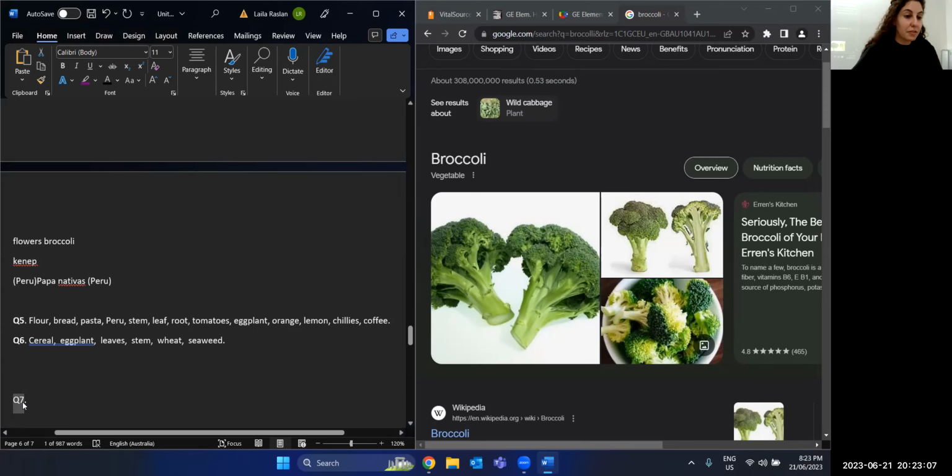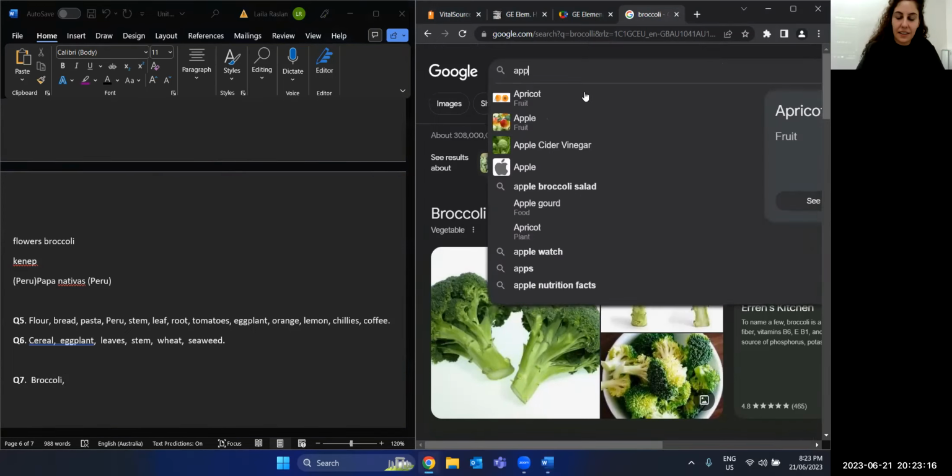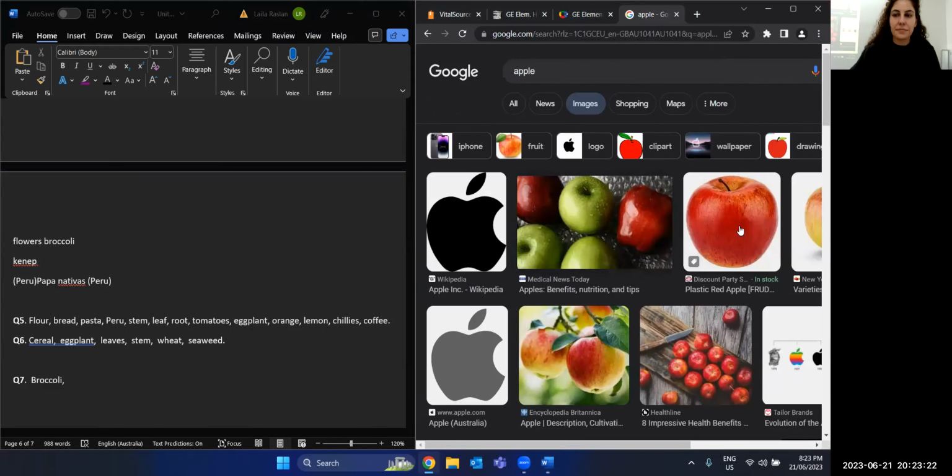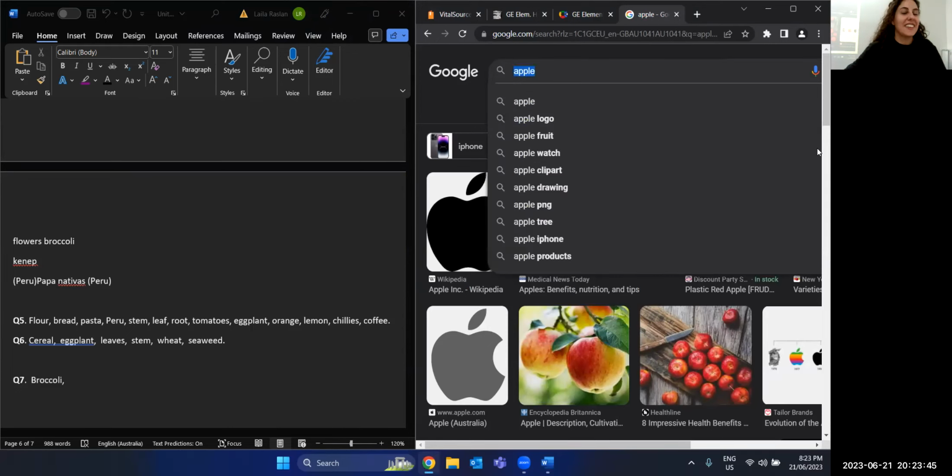Okay, pick a fruit. Okay, do we eat the leaf, fruit, or stem of apples? No, we have to pick a plant. Sorry, not a fruit. You have to pick a vegetable.